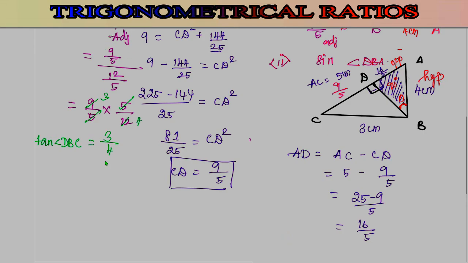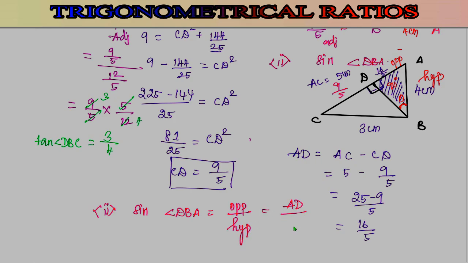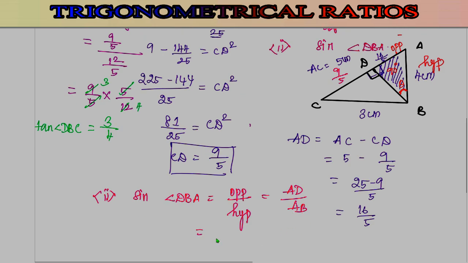Directly I can write here the second sub question, sine angle DBA is equal to opposite divided by hypotenuse side. So opposite we have here AD divided by hypotenuse side, it is AB. So here AD value is 16 by 5 whole divided by AB value, it is 4.